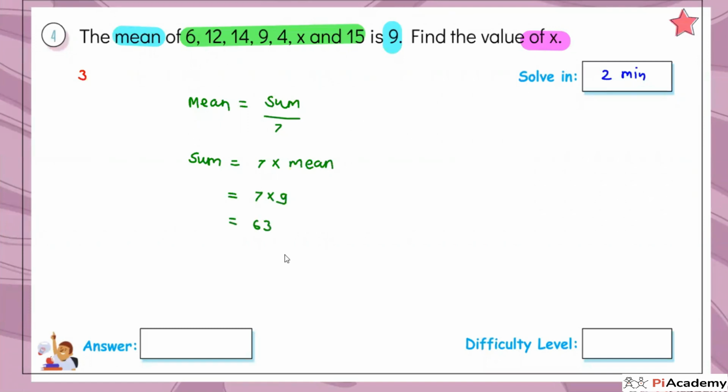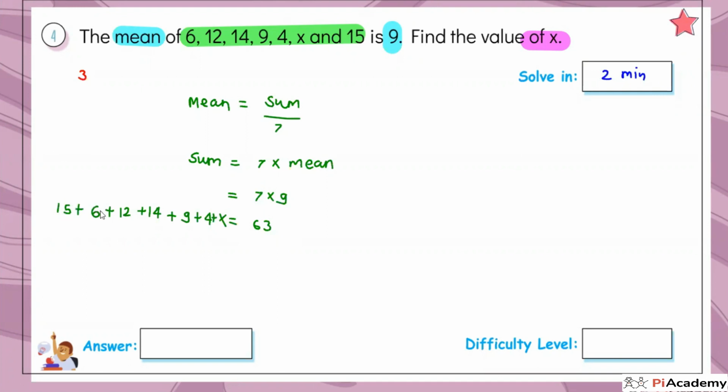Once I'm clear with the sum, now I need to put all the available numbers on the left-hand side: 6 plus 12 plus 14 plus 9 plus 4 plus 15 and plus x. And the sum is equal to 63, which we have already calculated.